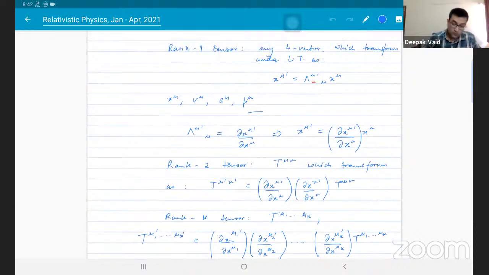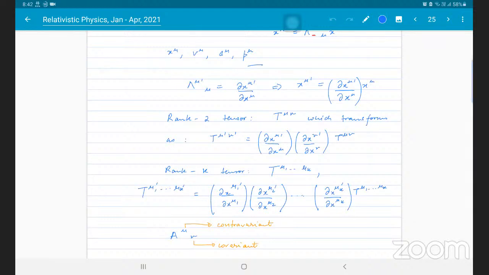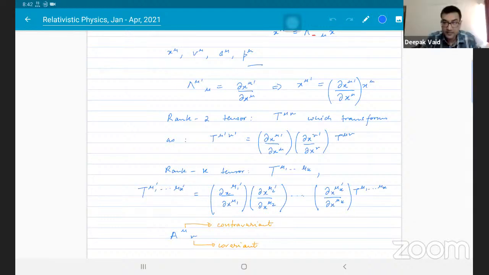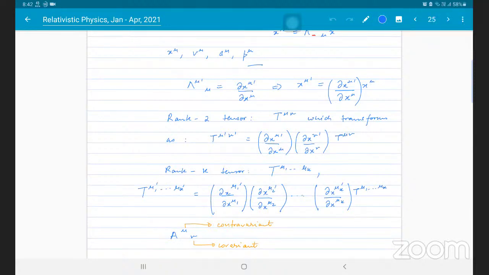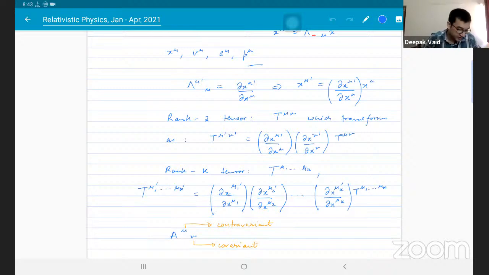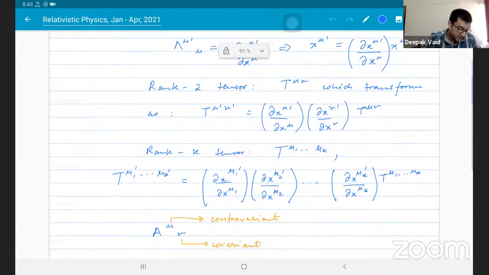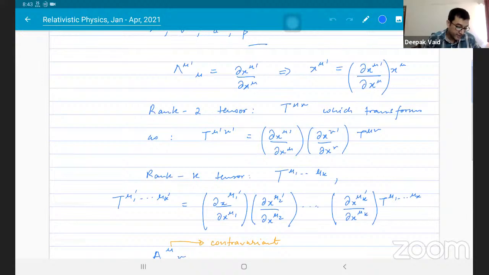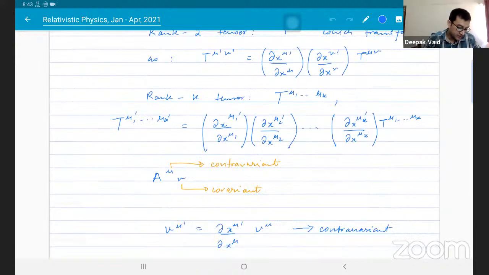And how do tensors transform under coordinate transformations? So you might think that, well, is any matrix a tensor? And the answer is no. In order to be a tensor, a matrix has to have this transformation property, which is that upper indices and lower indices transform in a certain way.